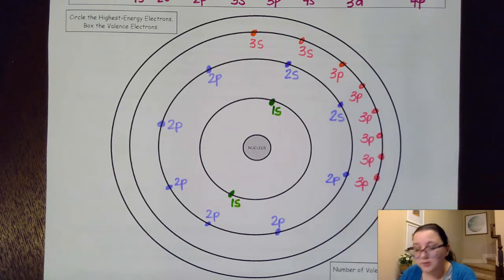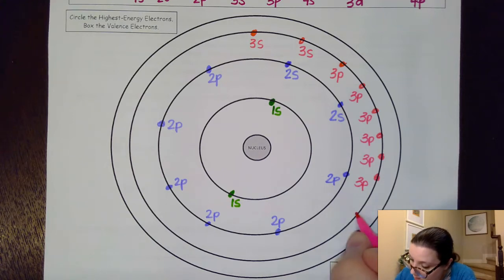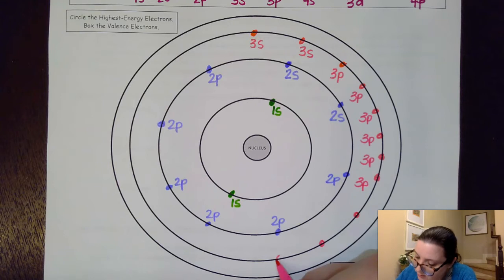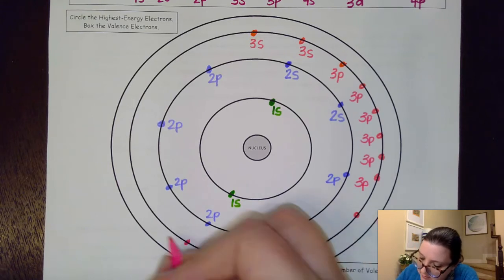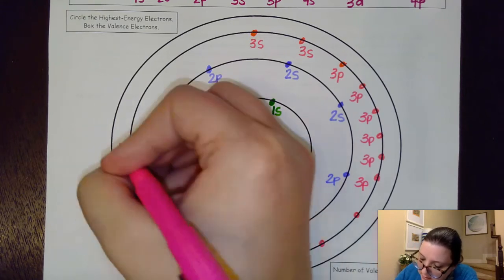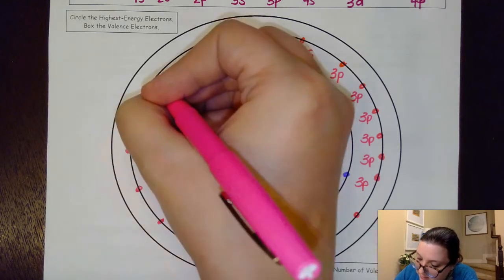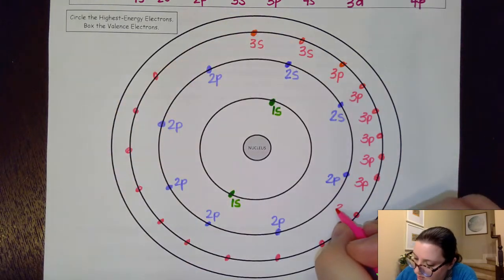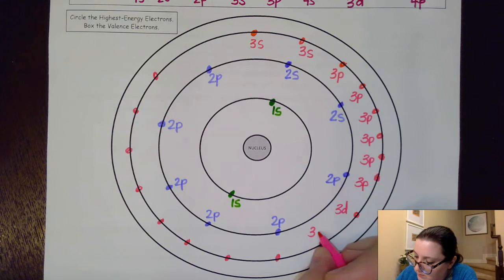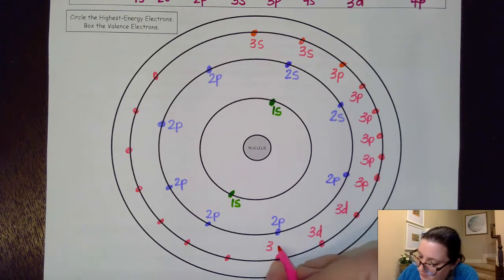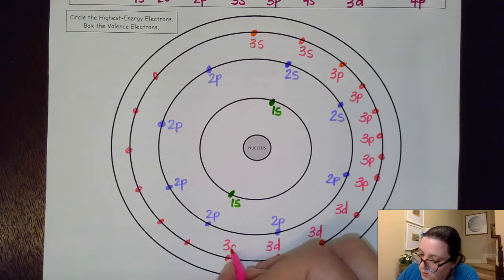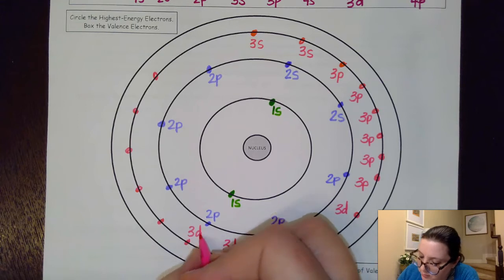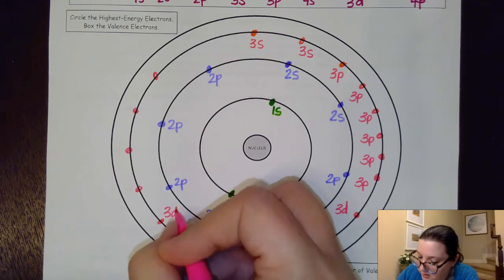And then we also have 3d, and we had 10 electrons there. So 1, 2, 3, 4, 5, 6, 7, 8, 9, 10. And again, these are all 3D. Now, I didn't totally evenly space these. I tried. They're not perfect, but that's okay. We just want to show the correct number on those energy levels.